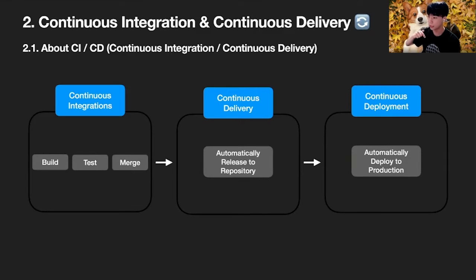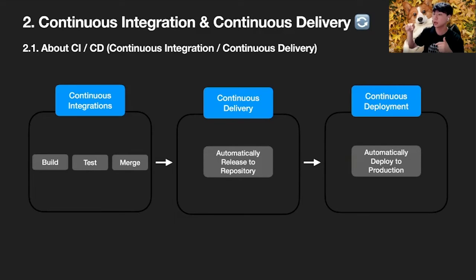About the CD, there are two meanings of the D: first, delivery, and second, deployment. Delivery means automatically uploading the changes of the source code to the repository, and the operation team members, not the developers, can deploy the changes to the production level.